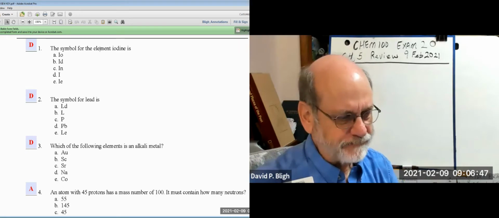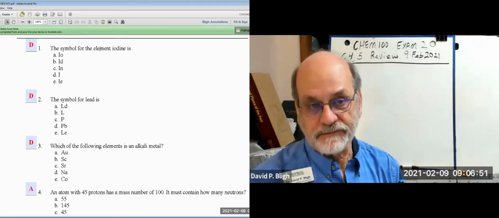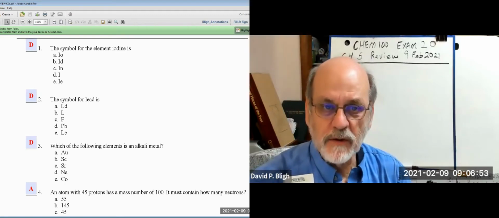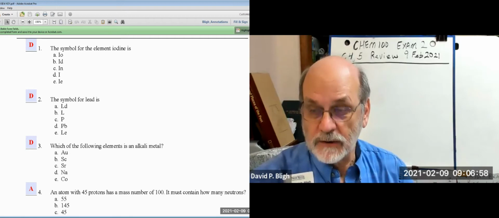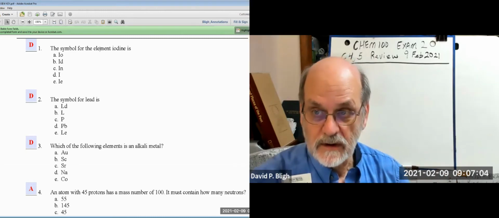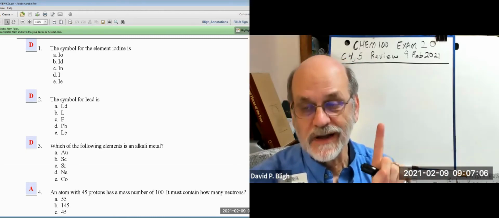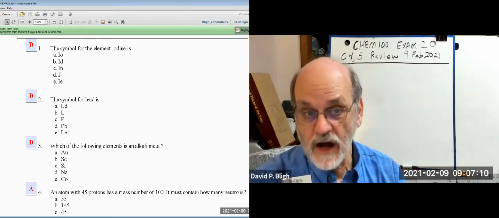Number 1, I'm not going to write on the board unless I have to. Number 1, the symbol for the element iodine, which should be fairly simple. Iodine is one of those elements that has claim to a single letter for its name. So that makes D the only logical choice.